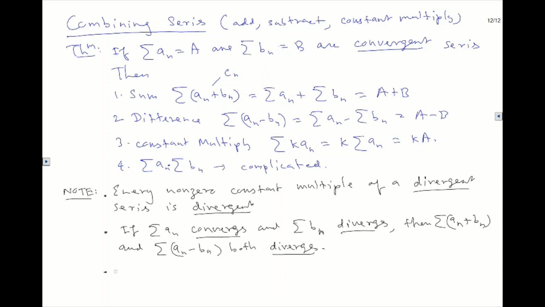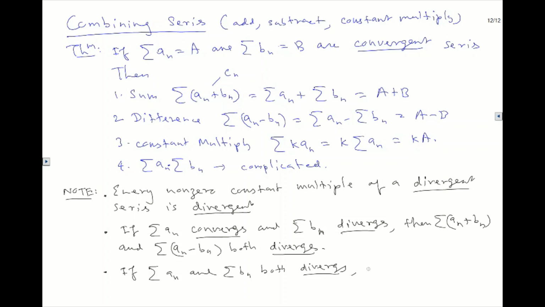And then what about this one? If sigma an and sigma bn both diverge, what can you say about the sum or difference? Actually, it can be anything.